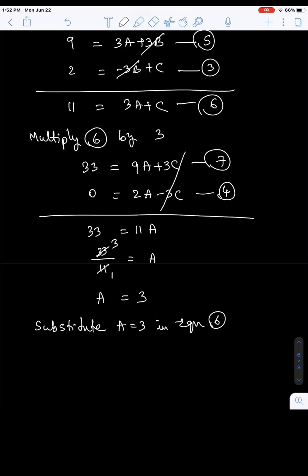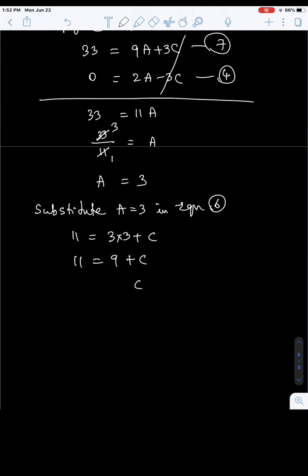So what happened then? 11 is equal to, there is 6, here it is. In place of a, taking 3. 3 threes are 9. So 11 is equal to 9 plus c. Next step, c is equal to 11 minus 9. That is, c is equal to 2.